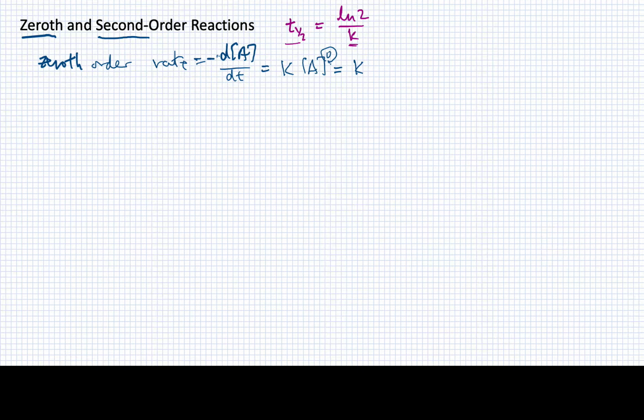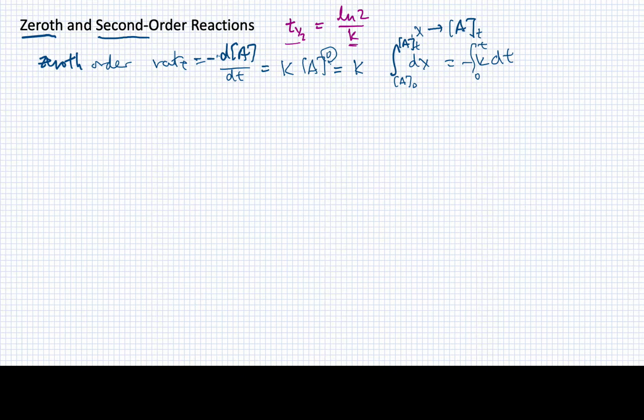Now, it's also a particularly easy equation to integrate. If I do the same substitution and say that x is the same as A at some time t, then I could write this as dx equals minus k dt, and if I integrate both sides from some time 0 to some time t, and I let x go from my initial value to my final value, well, the integral of dx is pretty easy, and so is the integral of dt.